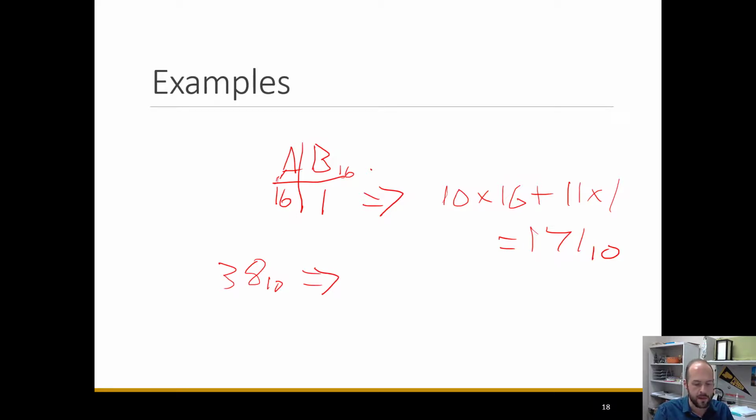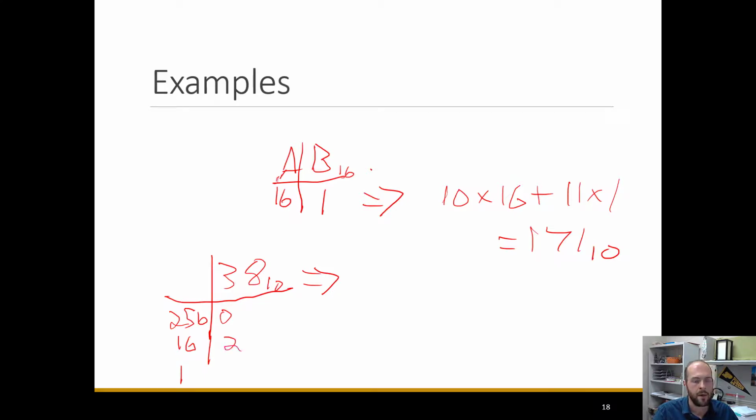Well, we just use the same number line subtraction that we did with binary, but we just have to use the powers of 16. So first of all, you have to know the powers of 16. So 16 to the 0 is 1. 16 to the first is 16. 16 squared is 256. So there's your number line. Does 38 go into 256? No. Does 16 go into 38?